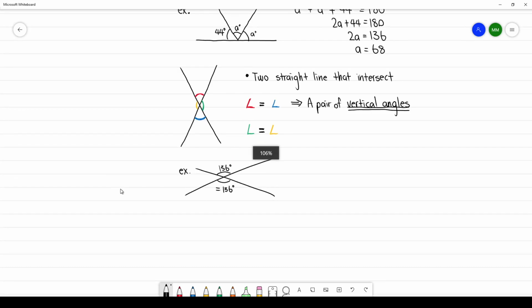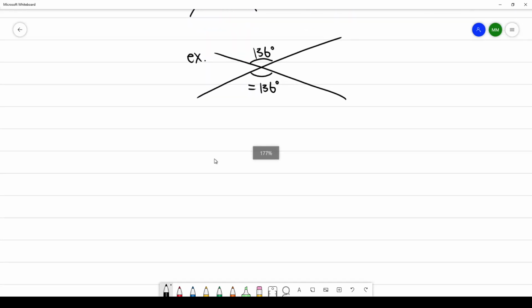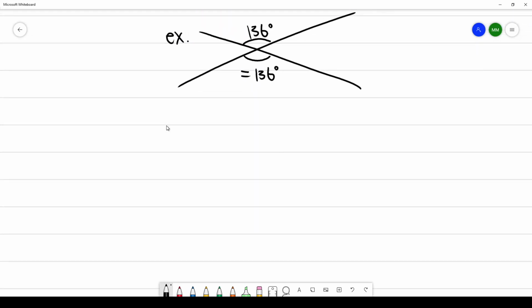And so now, before we get to other types of angles, I'm going to define something first. So parallel lines.